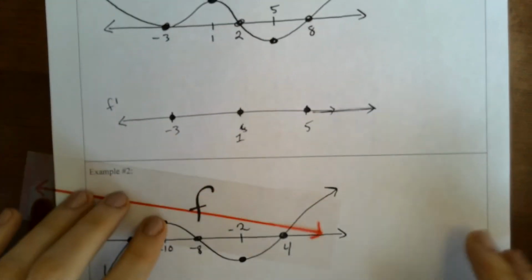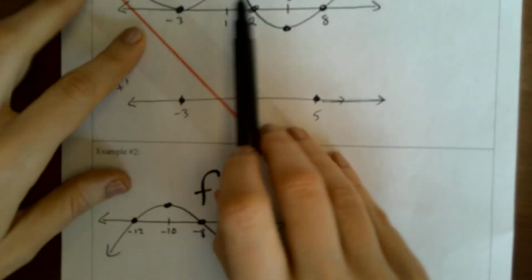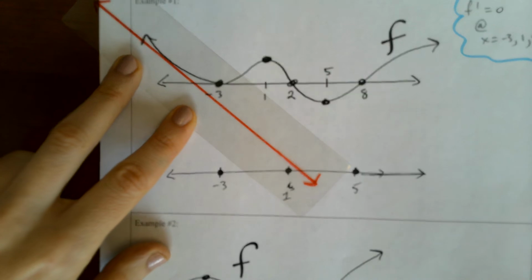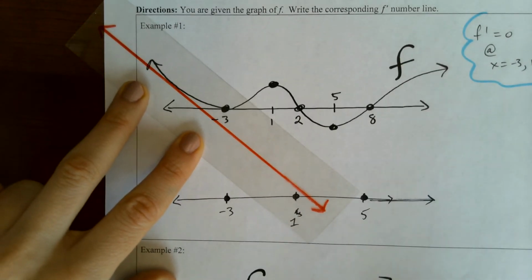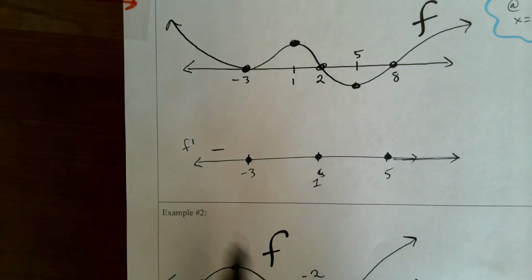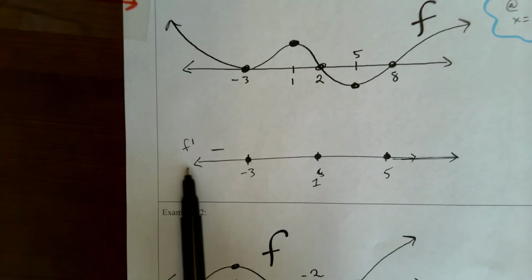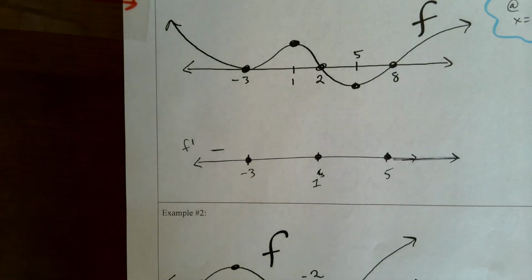So we're testing to the left of -3. Just put your tangent line somewhere, anywhere, and ask yourself, is that a positive or a negative slope? It is negative. So you're going to put a negative above this whole interval. That represents that on this entire interval from -infinity all the way up to -3, f prime is negative. The slope of the tangent line is negative.